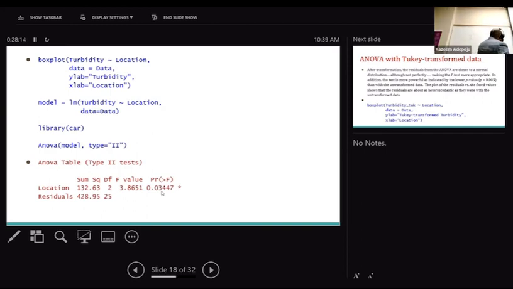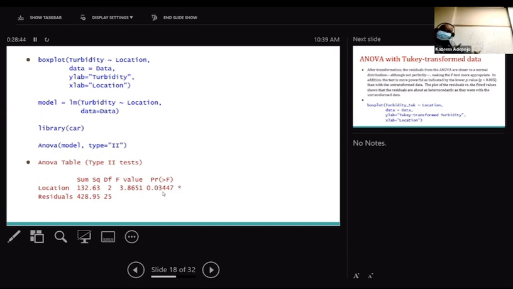We have two levels of significance. We have 0.01 and we have 0.05. This is what we call 1%, and this is what we call 5%. If you see that p-value, you're going to see that it is greater than this, which means the turbidity at different locations is telling us they are the same at 1%.